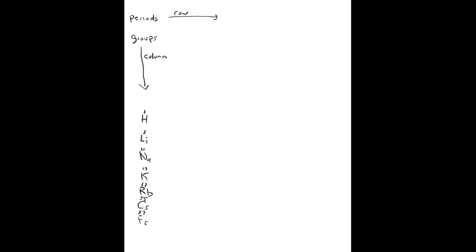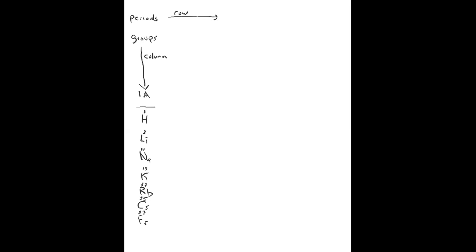The first group, there's 2 very common numbering systems. So the first system is the older one, where you just say, hey, which one's in it? It's in the first column, so it's column 1. And then you put an A next to it. And A essentially means it's a main group element. It's not what we call a transition metal, okay?